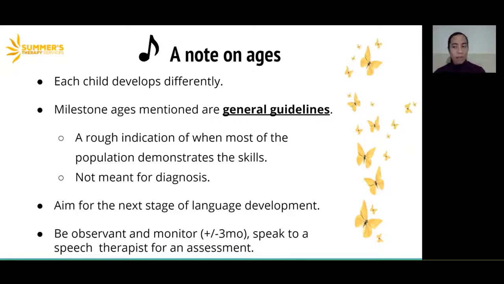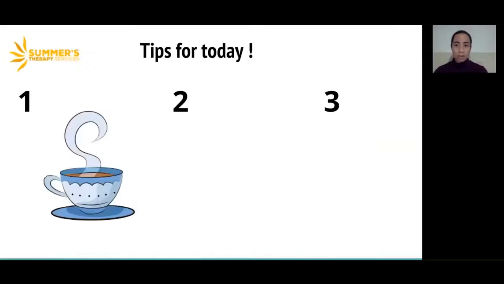And if you have any doubt at any time, just call in your speech therapist and we can always arrange for an assessment to get a more thorough diagnosis and see if there is a need for language intervention. All right? So please take note, every child develops differently, all right?